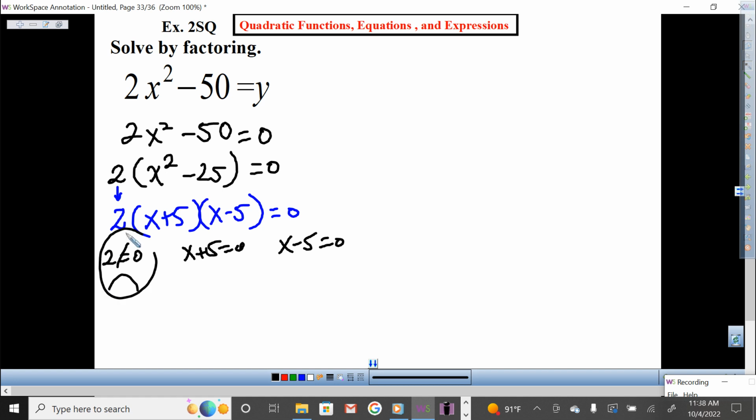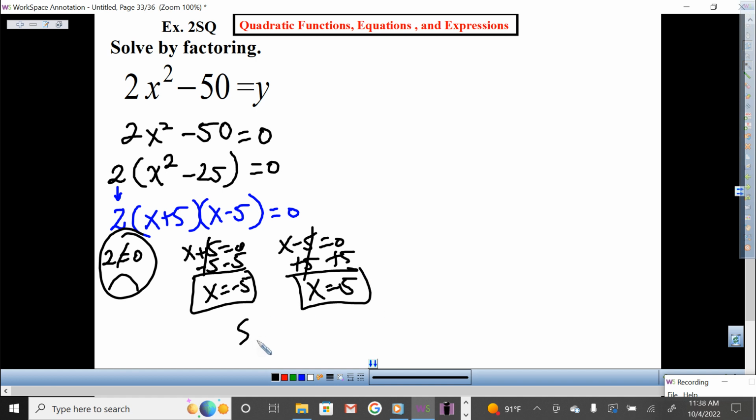No, so we eliminate that. That's gone. This one we can actually solve because one of them is a variable. So minus 5, x equals negative 5, plus 5 plus 5, x equals 5. These are my solutions.